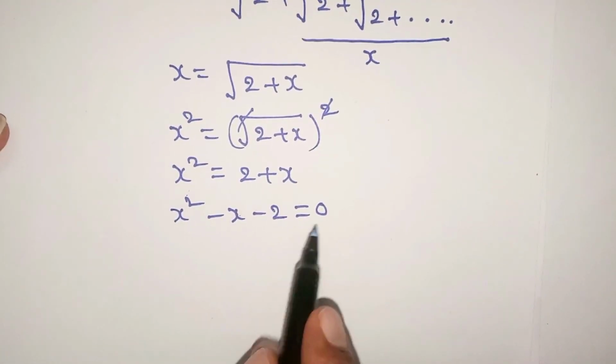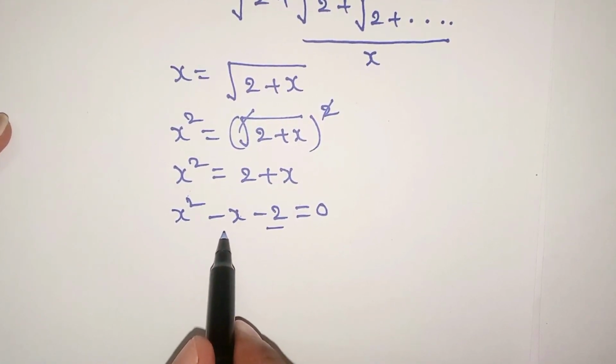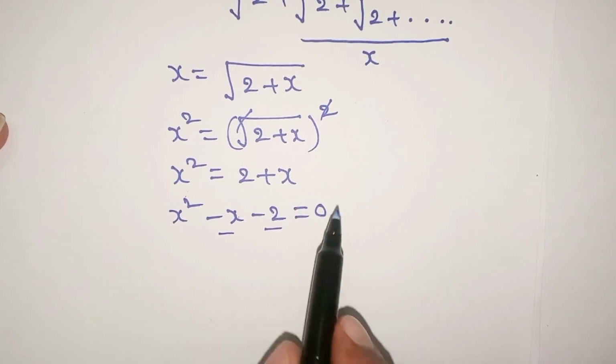Factorization. We need two numbers whose product is minus 2 and whose sum is minus 1.